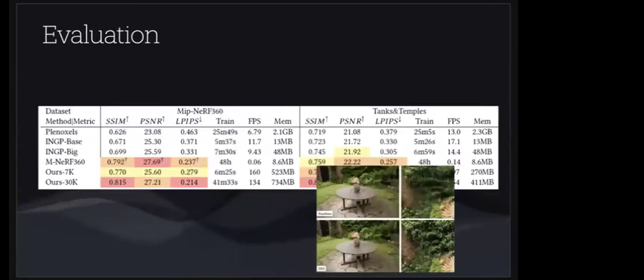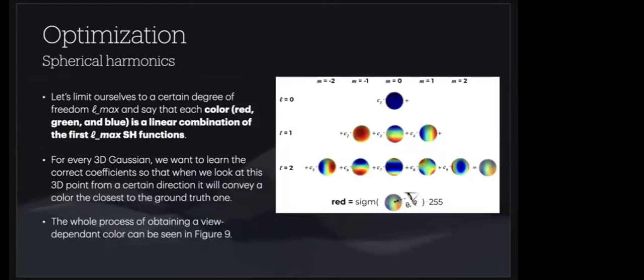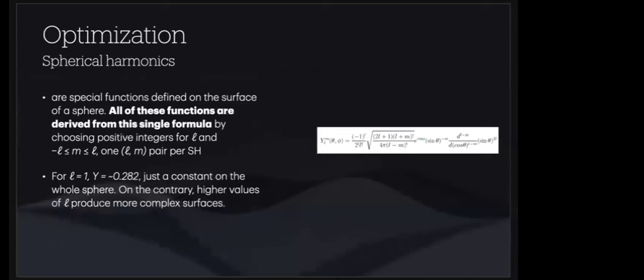So basically what we are doing here is trying to get the colors or the hues for those particular Gaussians and the pixels. We have each color, red, green, and blue, as a linear combination of the first spherical harmonics functions, and this is the function which they have proposed. It looks very intimidating, but if L equals 1, then the overall equation boils down to a constant value, which is 0.28.